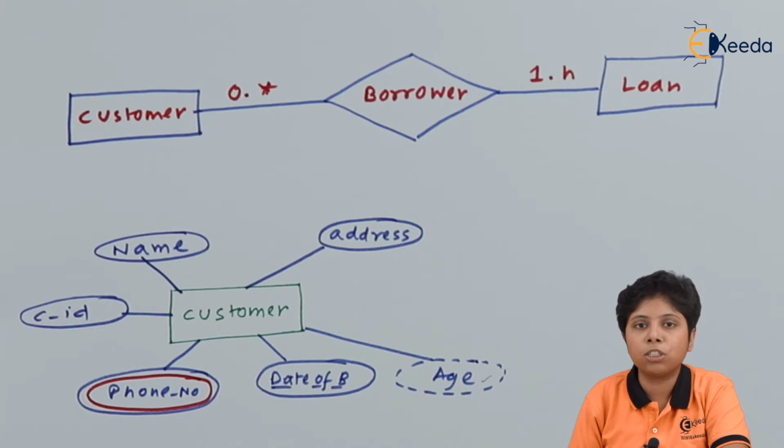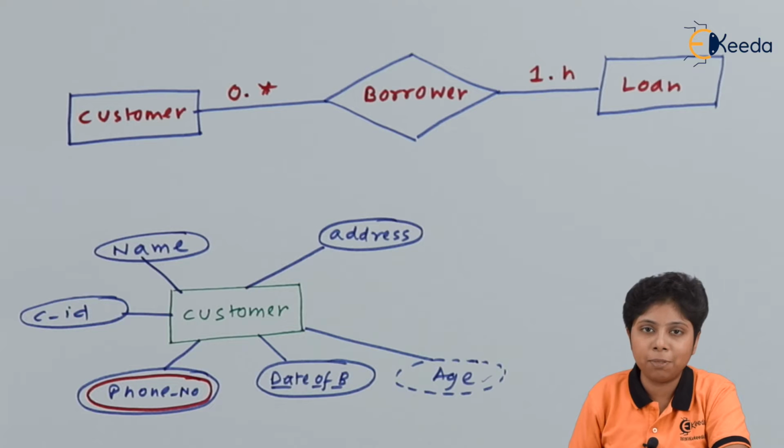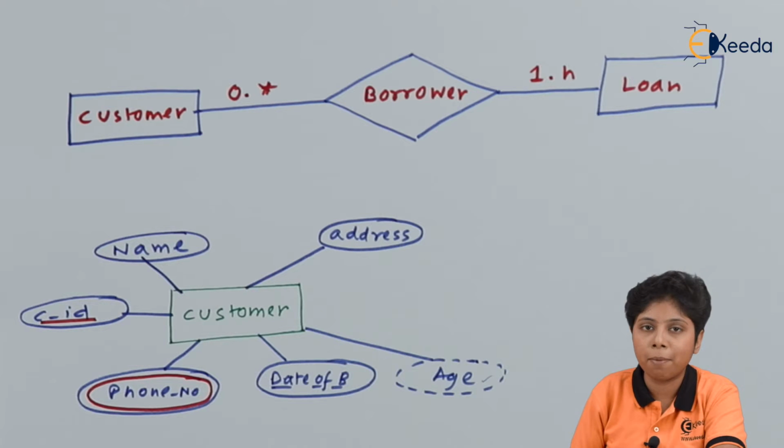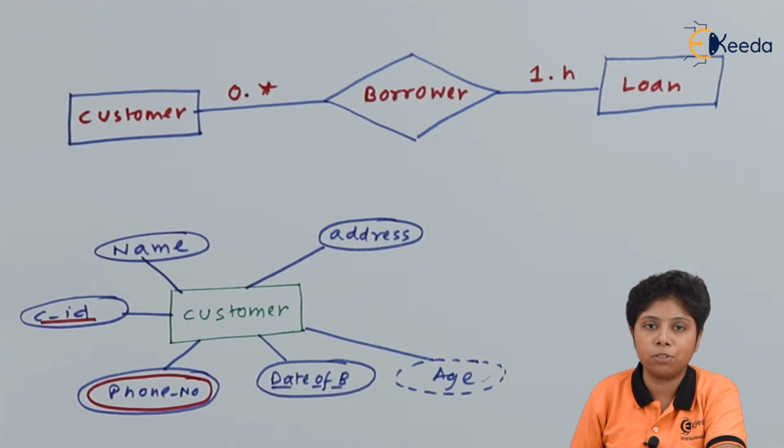Now we will talk about the attribute which has many attributes related to it. Say the CID is an atomic attribute. That means it cannot be broken down further. It is the primary key of the relation customer, so I am underlining it this way. Now, the name can have many attributes. The address also can have many attributes.